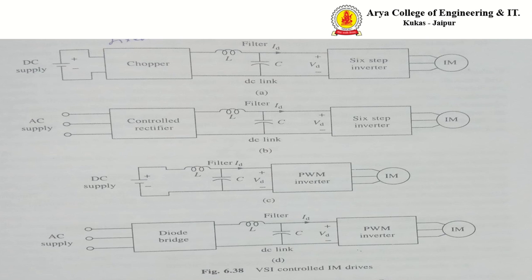Three thyristors are connected for the positive half cycle, and each of these 3 thyristors has a parallel diode connected. The output is provided to the induction motor drive.